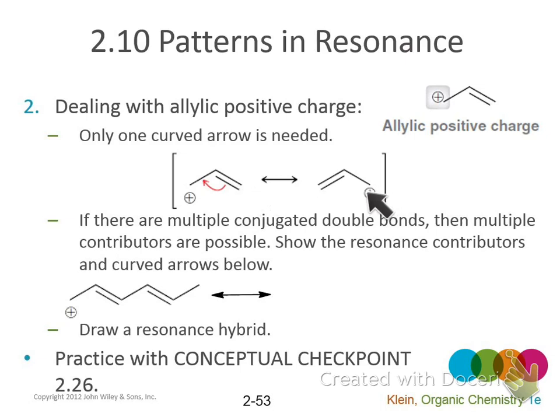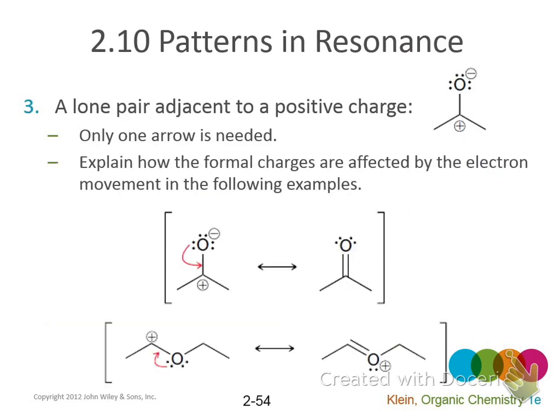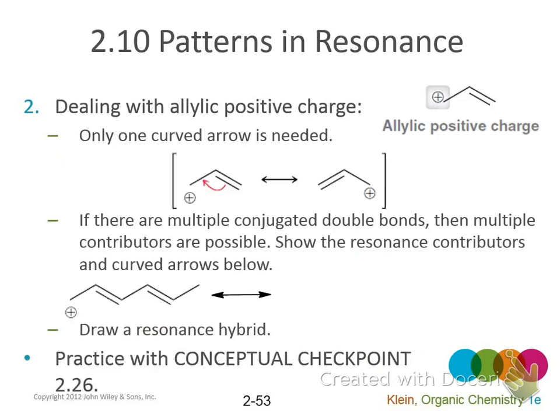This is the one that we did before. So we can do the same thing with this structure that's down here. But I'll do it in steps to show you that there are multiple resonance contributors for this. So I can move this one like that. Then what happens? Well, the framework doesn't change, but now I have a double bond here.